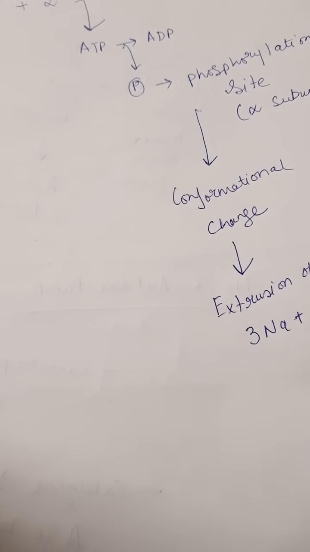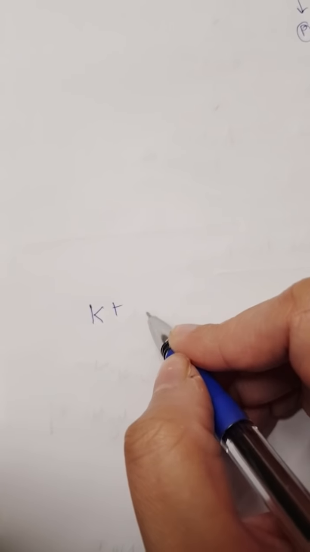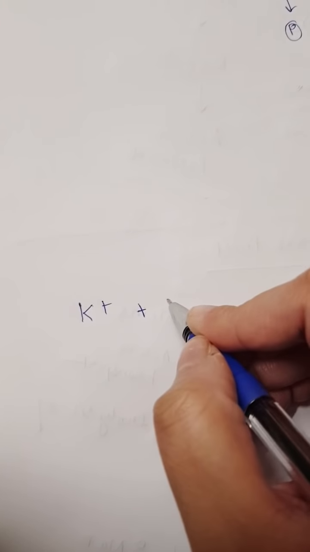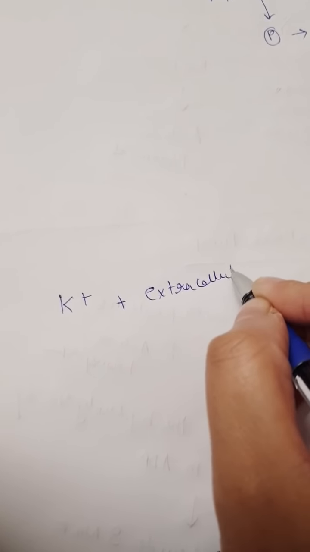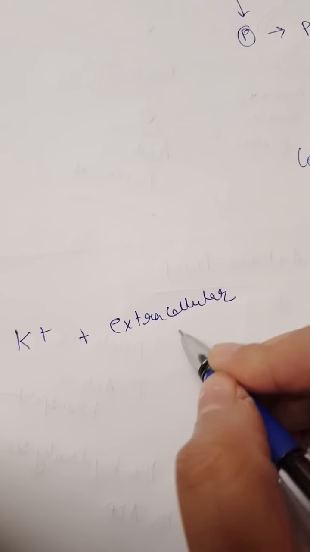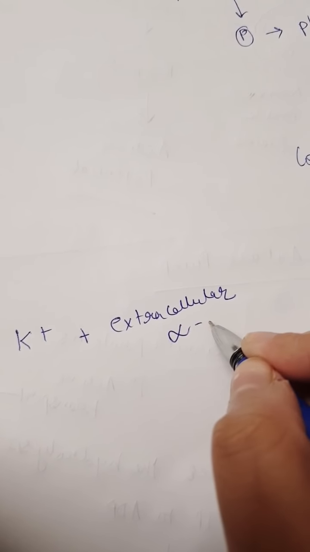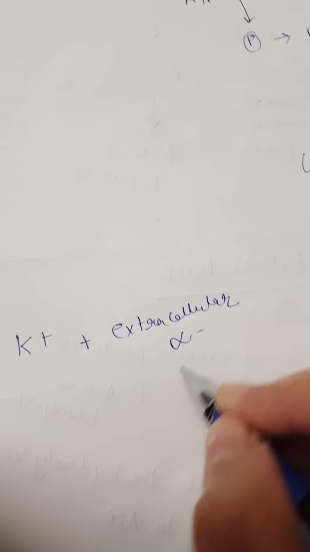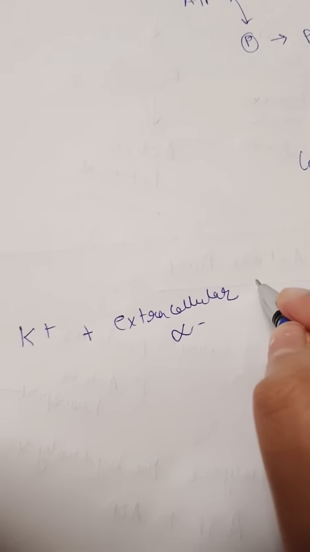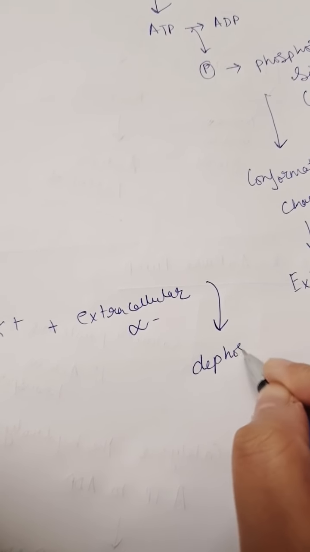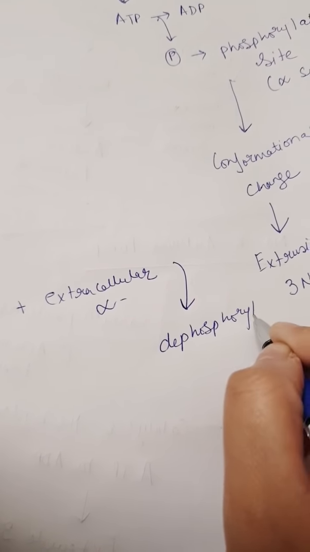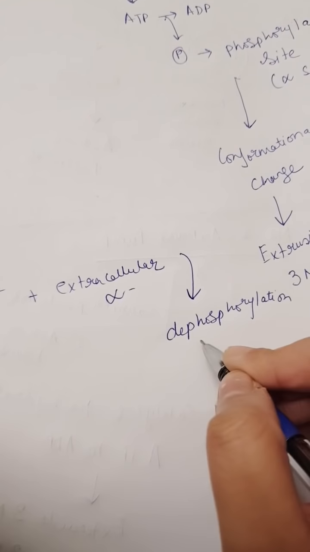Now after this, what happens? The potassium binds to the extracellular binding site of the alpha subunit. This leads to dephosphorylation. So what does dephosphorylation mean?